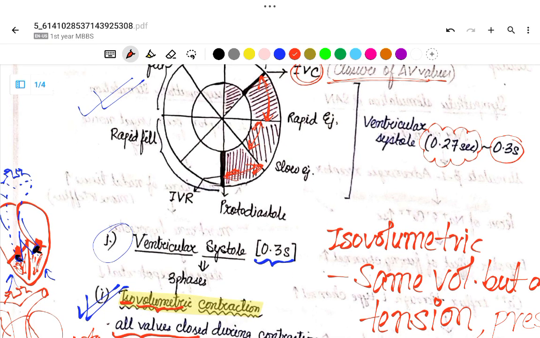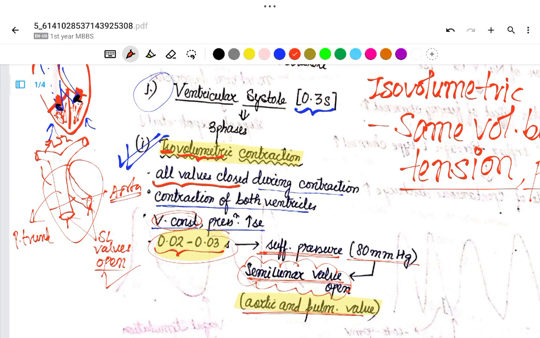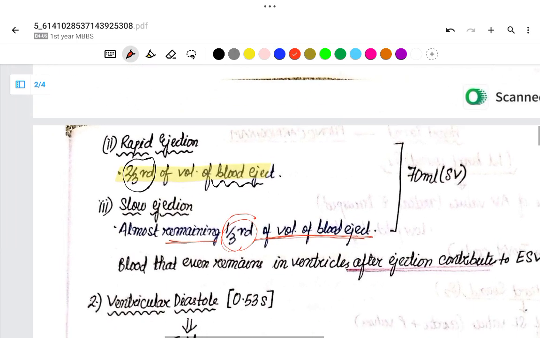At the last stage, the aortic and pulmonary valves open, right? In the rapid ejection part, two-thirds of the blood is ejected, and in the slow ejection part, one-third is ejected.